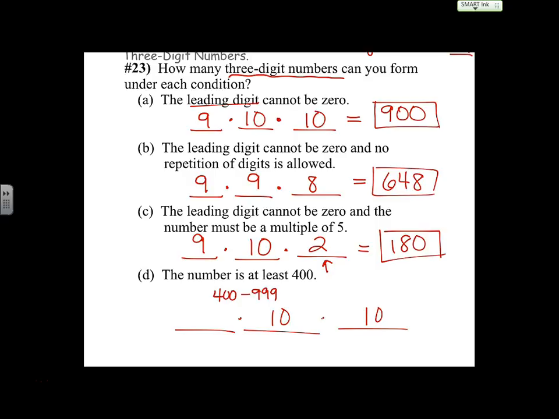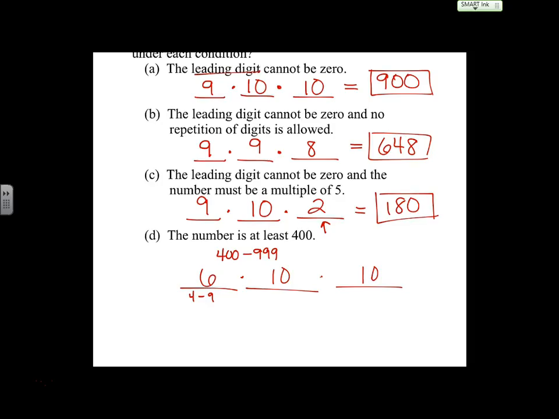But on the hundreds, we're only allowed to have 4 through 9 as an option. So 4, 5, 6, 7, 8, 9. Isn't that 6 different numbers that are possible? Some of you get a little confused by this because you would say 599, but you forgot to count 400. There are 600 different options as to when this will be true.